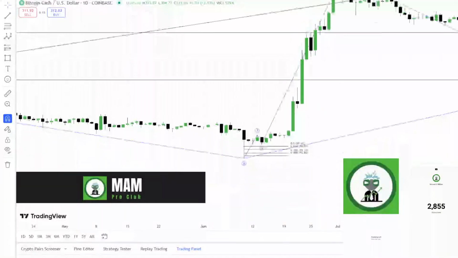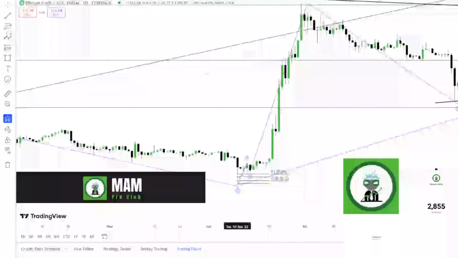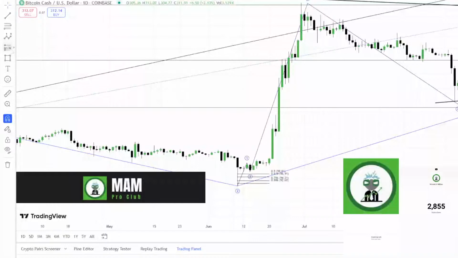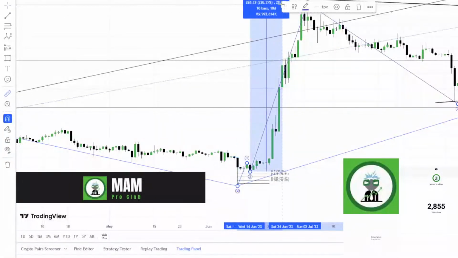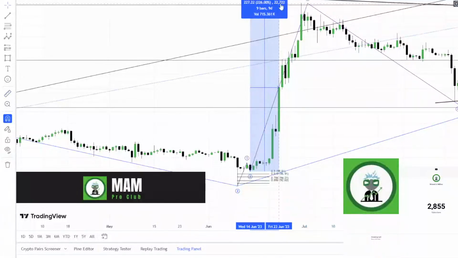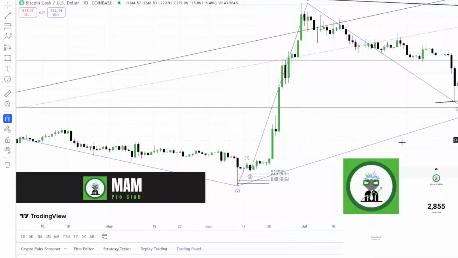But look how big wave 3 is compared to wave 1. So wave 1 gave us 17.5%. Sorry, wave 3 gave us 225%, something like that.